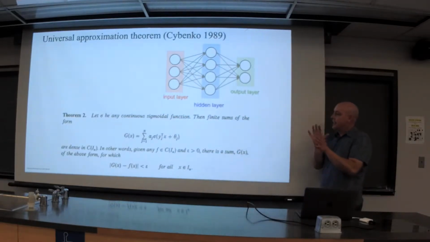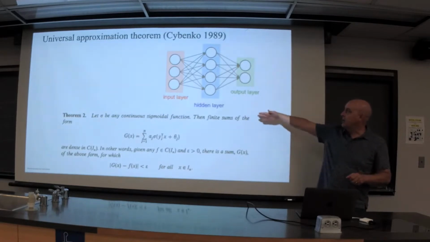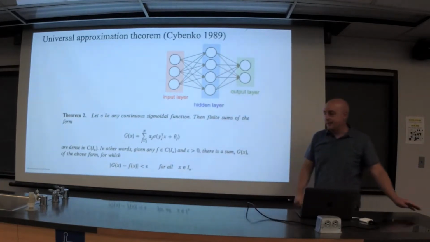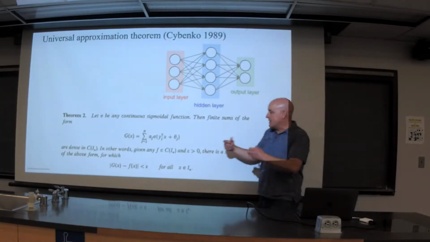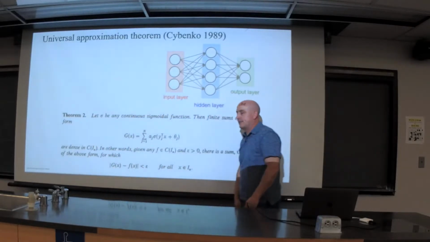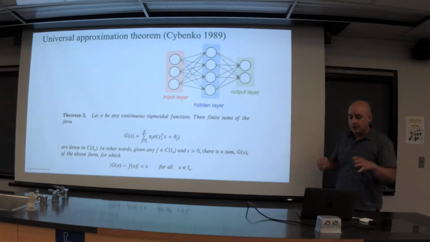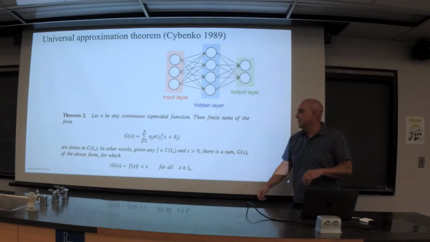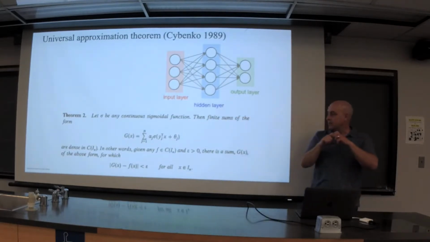But anyways, the idea is this: the family of neural networks with a single hidden layer is dense in the space of continuous functions. This is actually on a finite interval, or a finite volume in higher dimensions. But basically, these things are dense in your set of continuous functions.